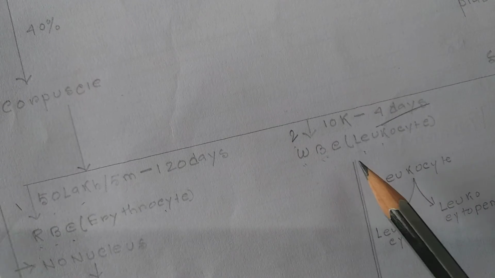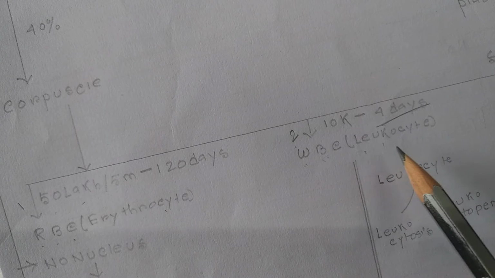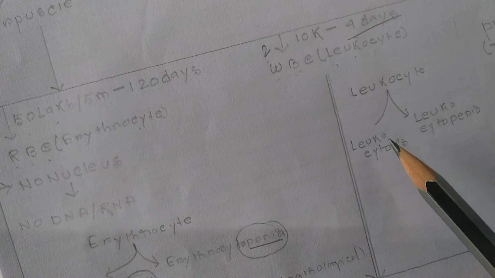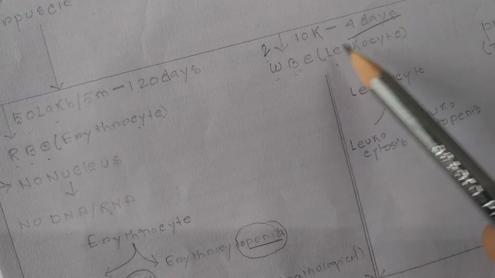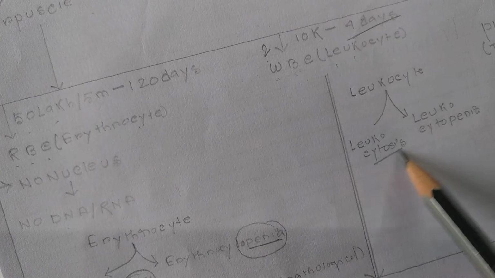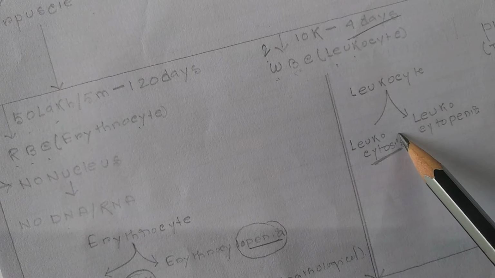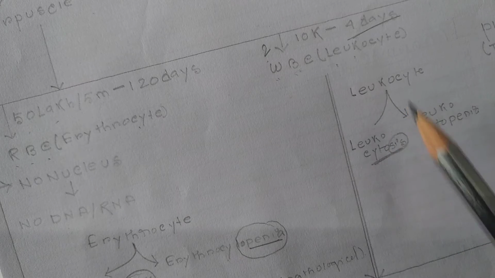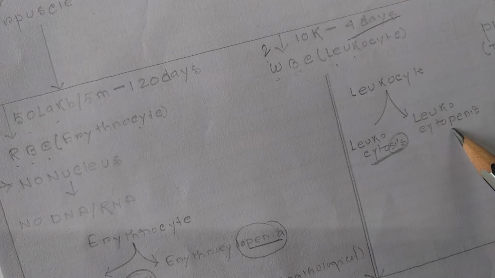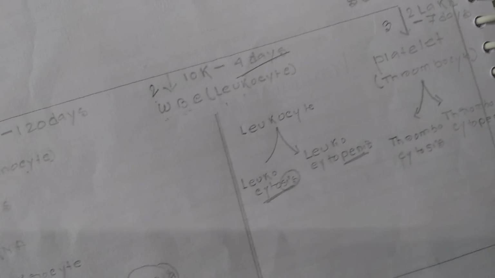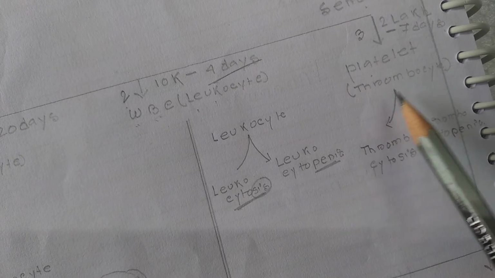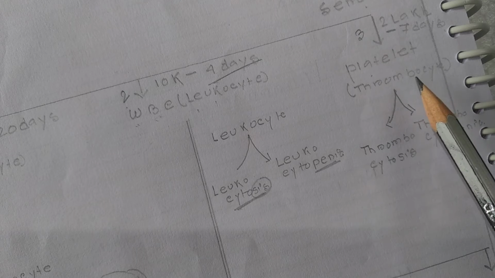Next is WBC, the white blood cell, otherwise called leukocyte. When it is produced in more, that is called leukocytosis. You can relate cytosis with synthesis: when leukocyte synthesis is more, that is leukocytosis, and when it is less, that is leukocytopenia. The third is the platelet, or thrombocyte.